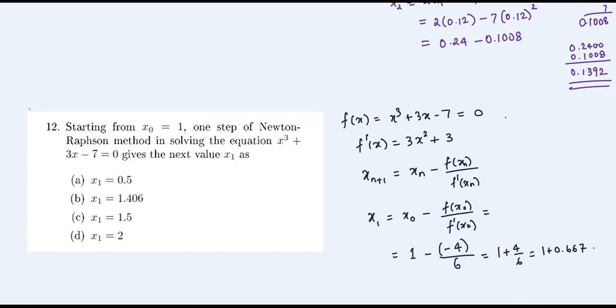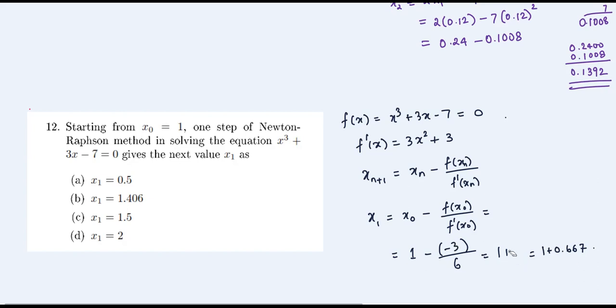Saying 1.5. I'm sorry, this is 3. This value is 3. I made a calculation error. 1 plus 3 is 4 minus 7 is minus 3.